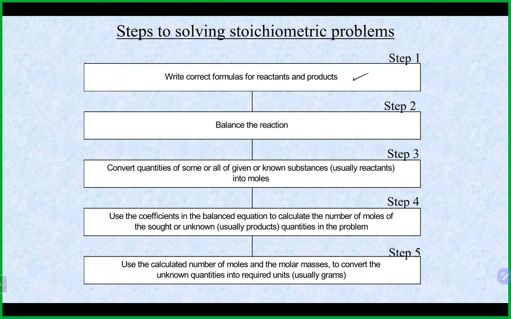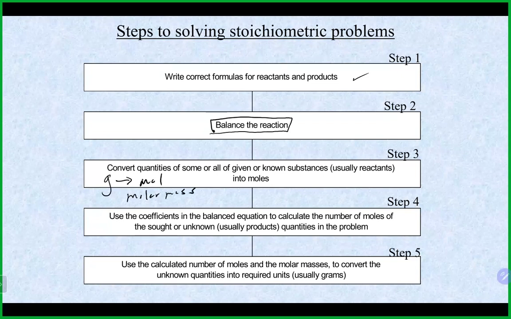Once you have the correct formulas in the equation, that's your unbalanced equation. Pretty much nothing works right if you do not have a balanced equation, so that should always be your first step. You want to take whatever they give you and get it to grams, and then from grams, you want to get it to moles. And again, that is the molar mass conversion we were just talking about from the periodic table.